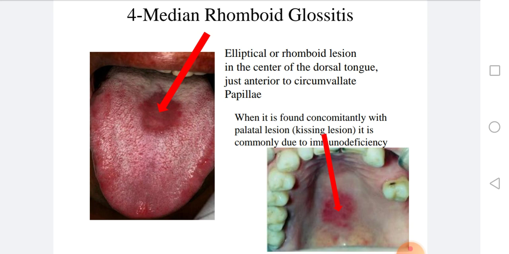Median rhomboid glossitis, you see here on your left hand side where the red arrow is pointing, the elliptical or rhomboid lesion in the center of the dorsal tongue, just anterior to circumvallate papillae. The circumvallate papillae are distal to the lesion.